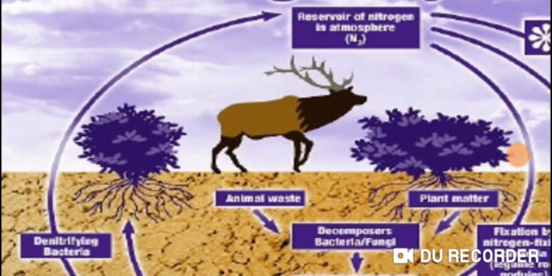By the activities of these bacteria, the soil can also face a shortage of nitrogen content. That is why nitrates and urea are given to the soil as a source of fertilizer when lots of crops are grown.